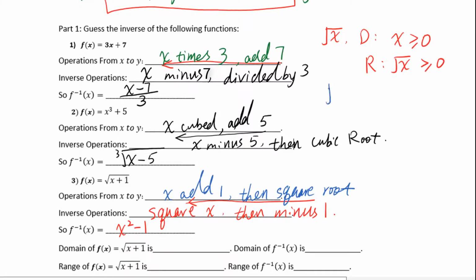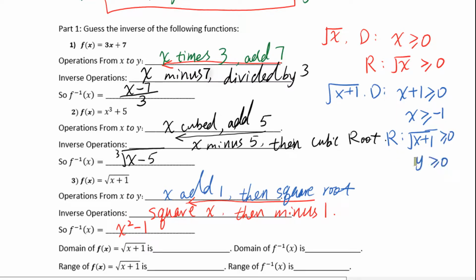So for this square root of x plus 1, for the domain, we will set up x plus 1 radicand greater than or equal to 0, x greater than or equal to -1. For the range, we will set up square root of x plus 1 greater than or equal to 0. So we can write down range is y greater than or equal to 0.